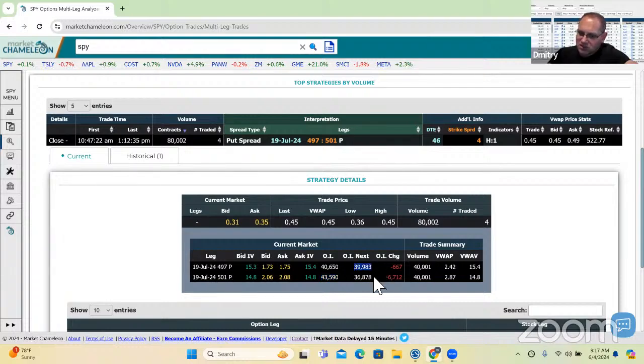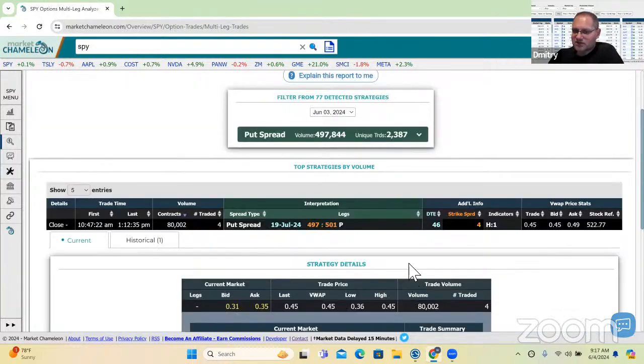And in both instances, the open interest declined, but there could be other stuff trading in there besides these options. So that's something to consider, because this probably was not the only trade that traded yesterday in these particular options.